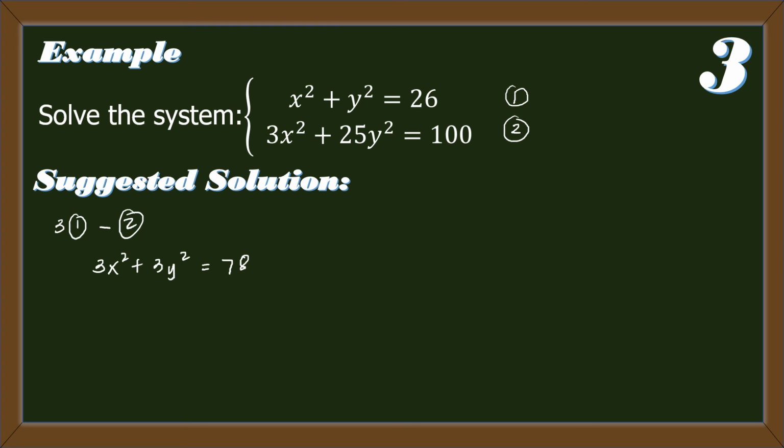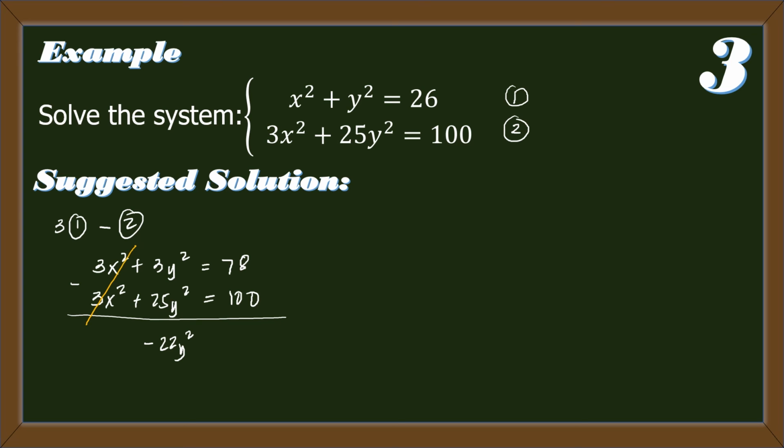And then subtracting the equation of the ellipse term-wise, 3x squared plus 25y squared equals 100, we will have 3x squared minus 3x squared is 0. 3y squared minus 25y squared is negative 22y squared.